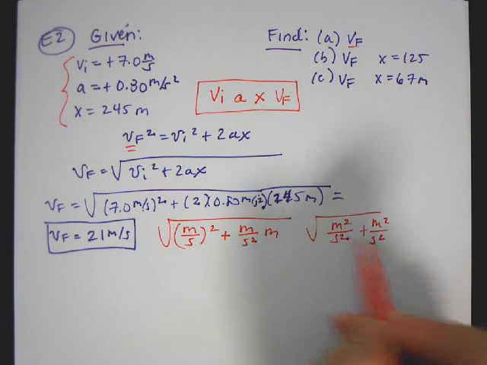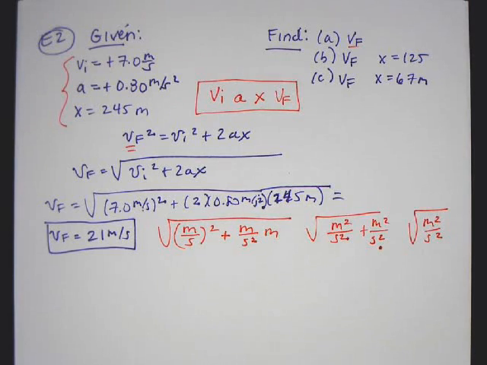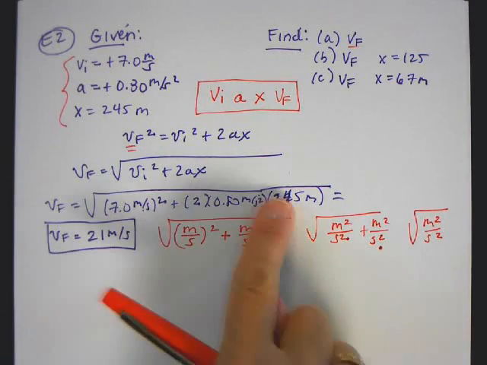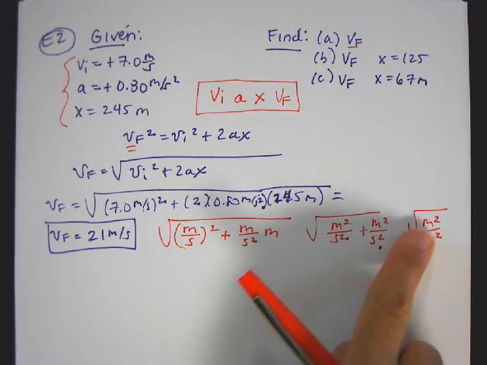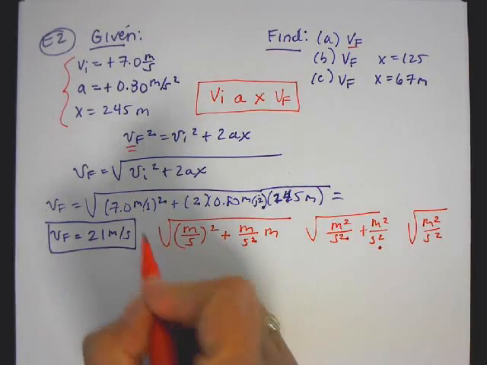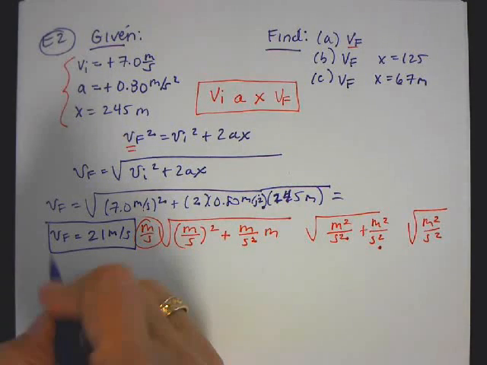Can I add them up now? Because they're the same. But then, don't forget, whatever mathematical function I do to the number, I do to the unit. So when I take the square root of the number, I take the square root of the unit. So the square root of meter squared per second squared is going to be a meter per second. Is that the correct unit for velocity? Yes, it is.